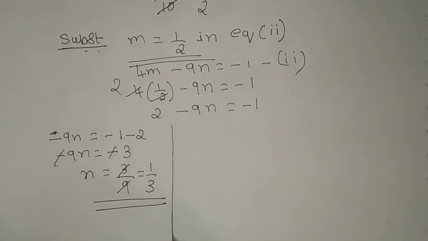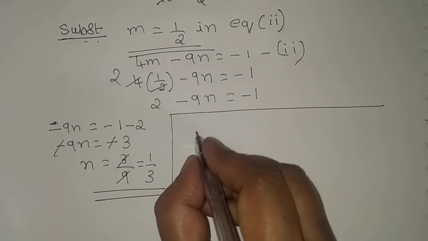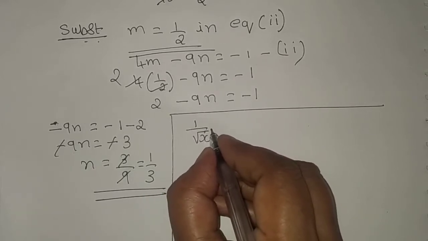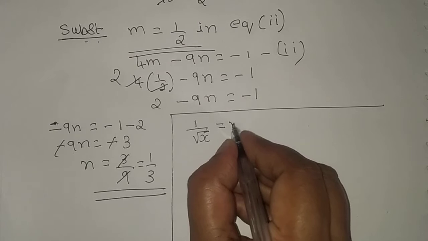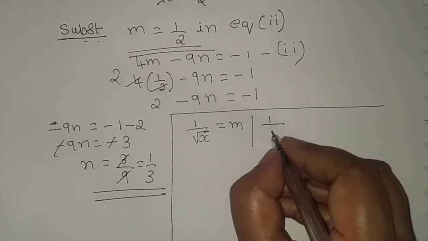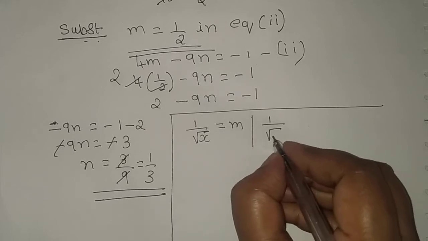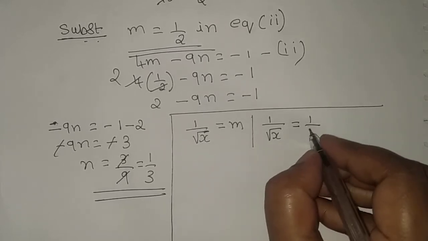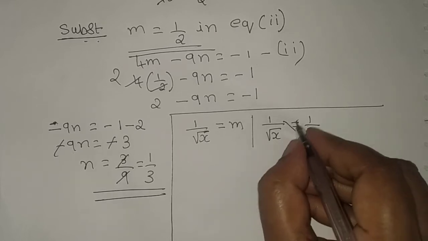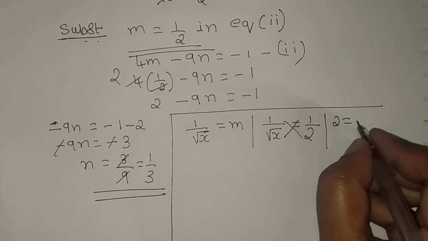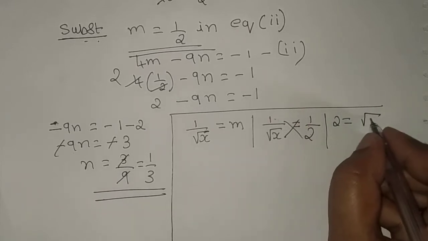Now we have taken 1 by root x is equal to m. So 1 by root x is equal to m, which is 1 by 2. Cross multiply this, we get 2 is equal to root x.